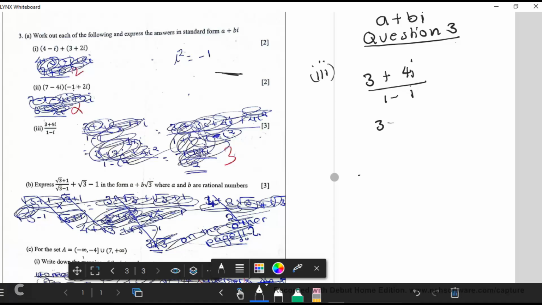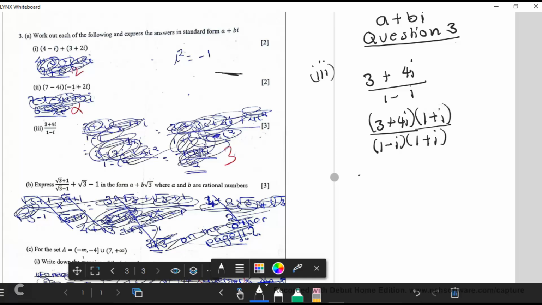So it will be 3 plus 4i over 1 minus i, and we multiply by the conjugate of this. What's the conjugate of this? It will be 1 plus i. Wherever there's i, that's where the sign changes.